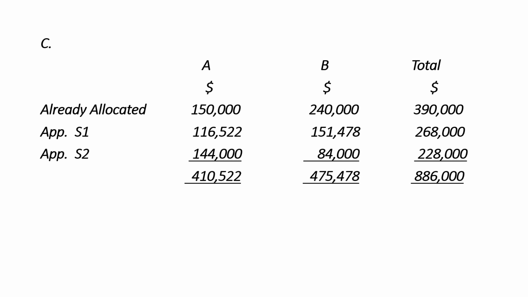I have the total here, 268. Apportioning S2, we got 144,000 and 84,000. We add it down this way, and we get the total overhead costs for each department here. So this is really the answer for part C.